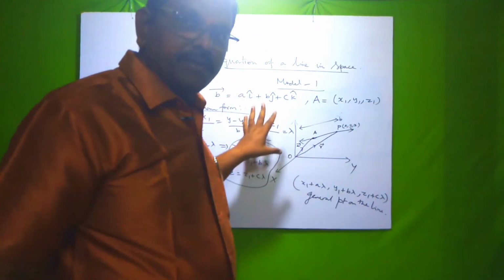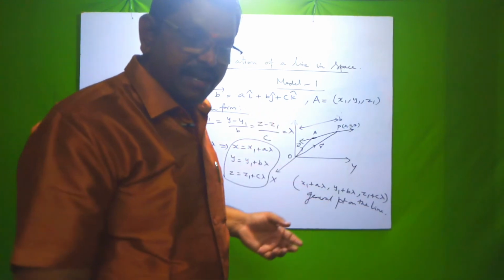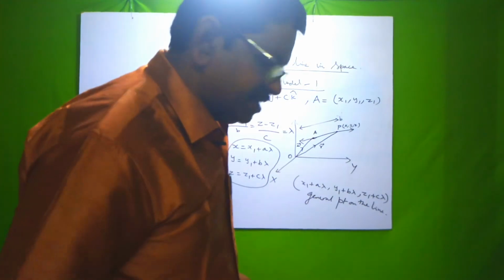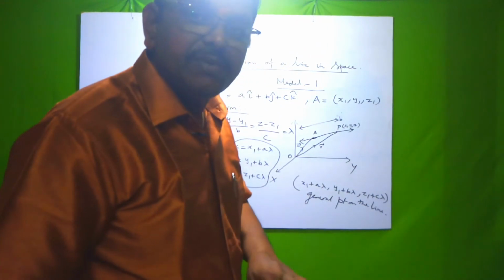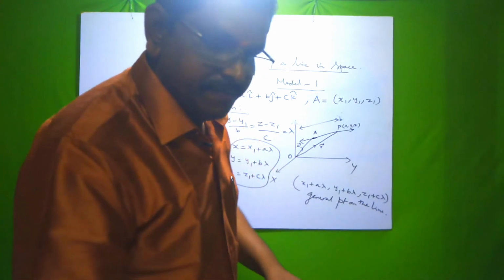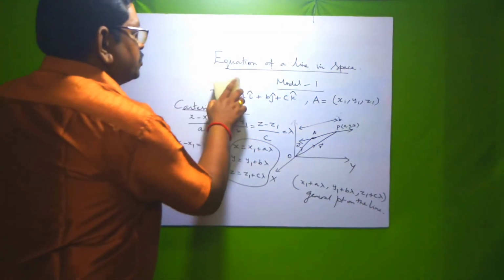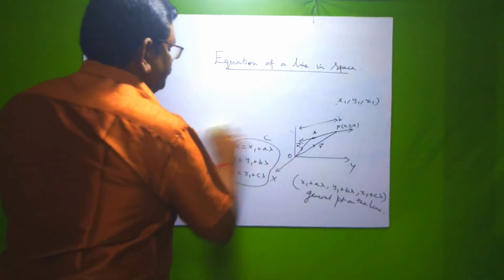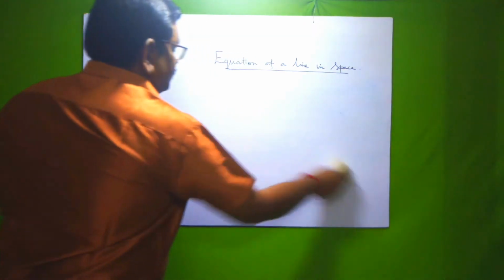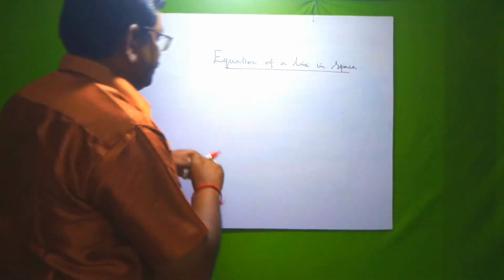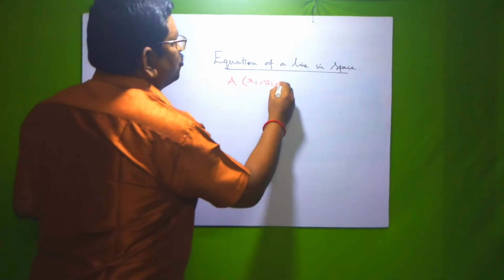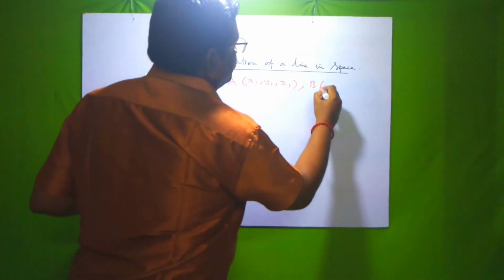Now we go to the next model. In this model, we discuss how to find the equation of the straight line when 2 points are given. Suppose 2 points are given, say point A is x1, y1, z1, and point B is x2, y2, z2.